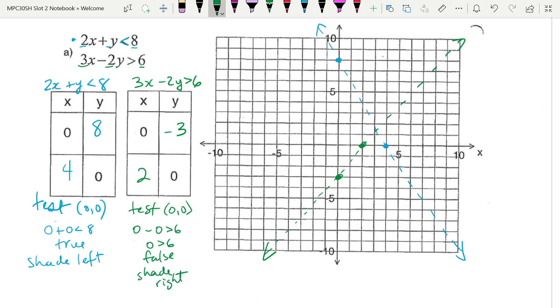So my answer, which I will put with this lovely highlighter here, the zone that makes both of these true, is left of the blue line and right of the green line. So left of the blue, right of the green, it's in here.